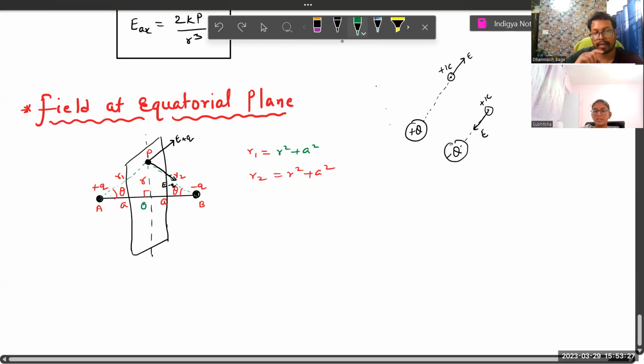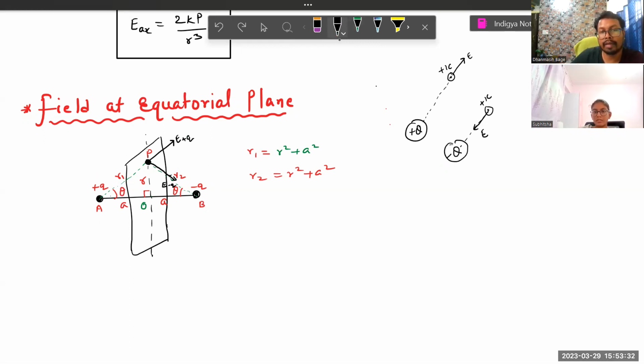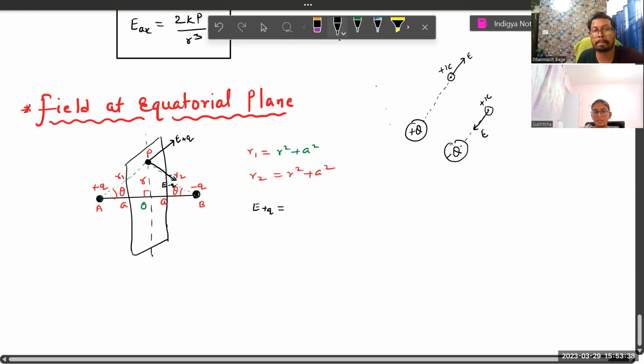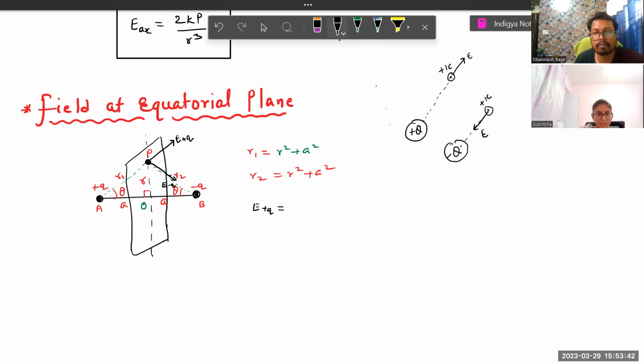Now just see this thing here. Can you tell me what is E plus Q? What is the magnitude of E plus Q? KQ by R square plus A square the whole square, correct.